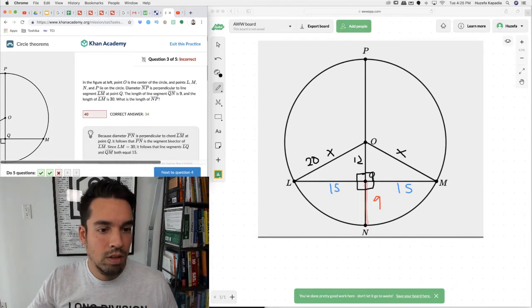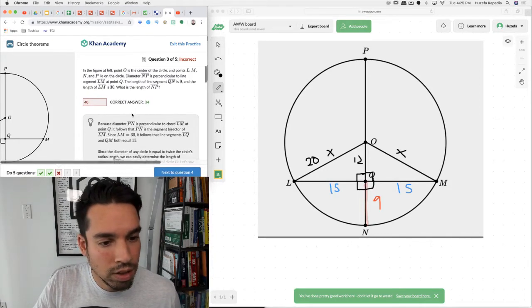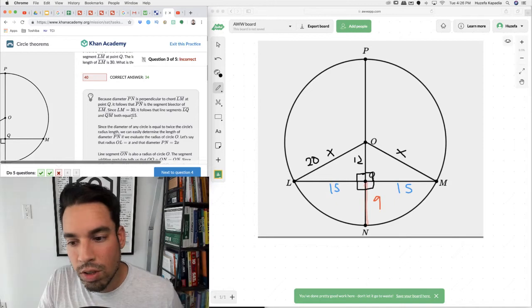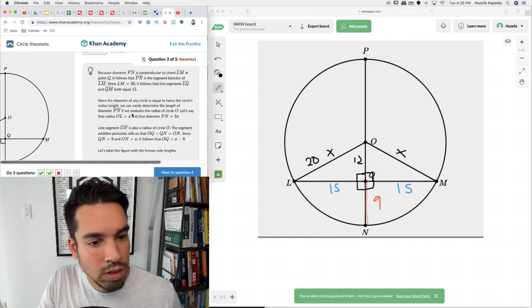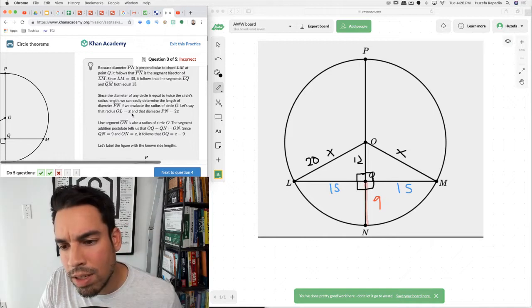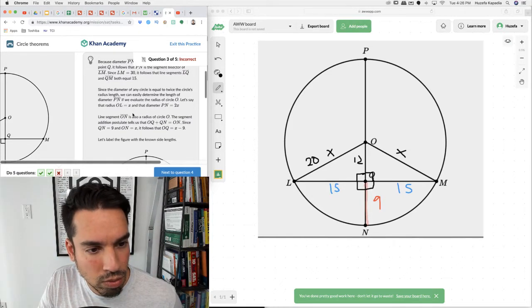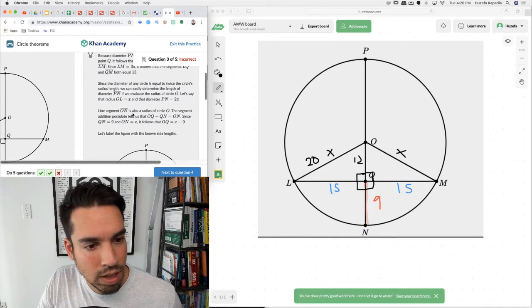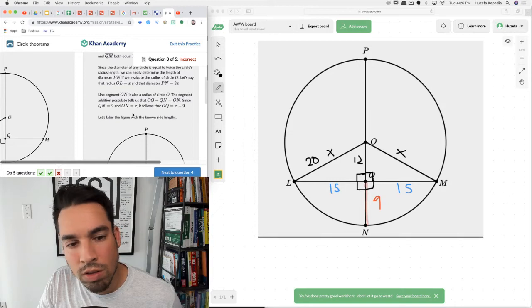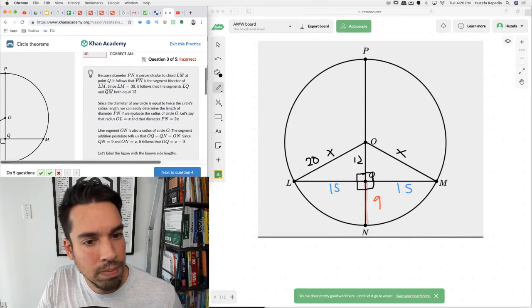Let's see. 34. Okay, so let's take a look here. LQ and QM are both 15. I got that. Since the diameter is twice the circle's radius, determine the length of PN. So radius OL is, yeah, diameter's right. Line segment ON is also a radius of the circle.